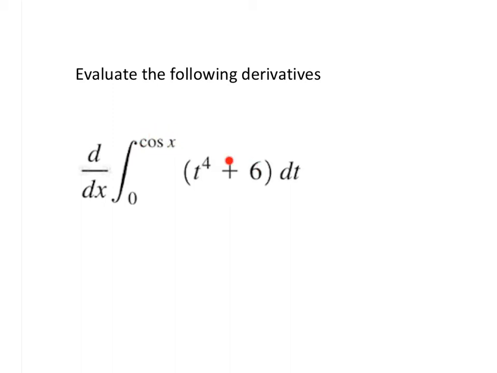I still have my function f down here. So we're going to do the same thing as we did before, but if we have our upper bound as a function, then we have to evaluate this derivative a little bit differently. We are going to have to use the chain rule here. That's kind of the main idea.